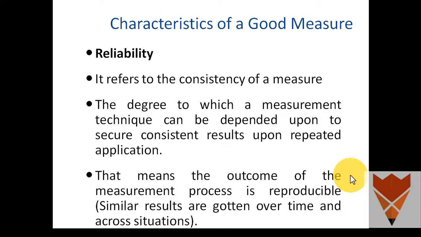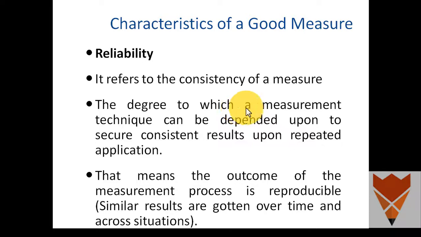That means if the particular measure is used again and again, then it will give the same outcomes. Similar results will be given over time and across situations. Like if I used the construct 2 years back, it will be understood in the same manner if I use it today.